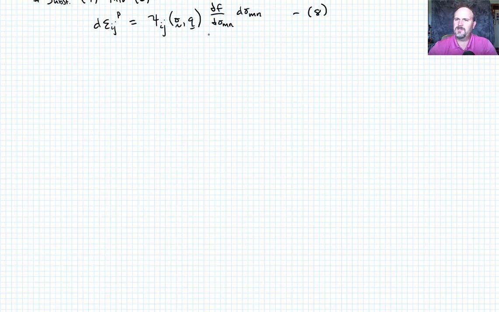Okay, let's think about this for a minute. So this quantity here, right? We already know that in order for yielding to happen, that quantity is greater than 0, and it's a scalar. So let's note that it's a scalar that's also greater than 0. Okay. So what does that mean?